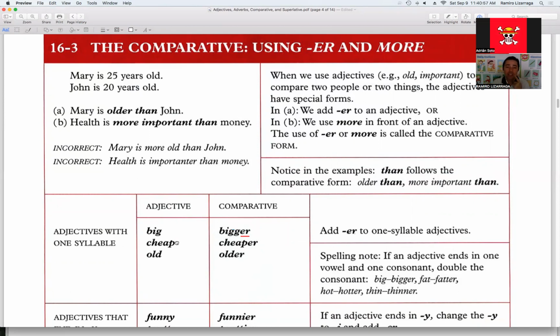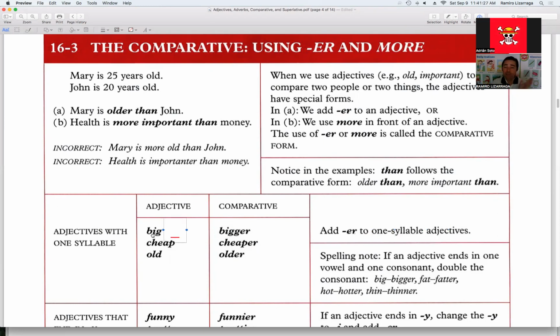Or take a look at this: cheap, cheaper; old, older. So in this case, I have to add the two letters er to an adjective. And why do I have to add er? We have to add er when the adjective has one syllable.